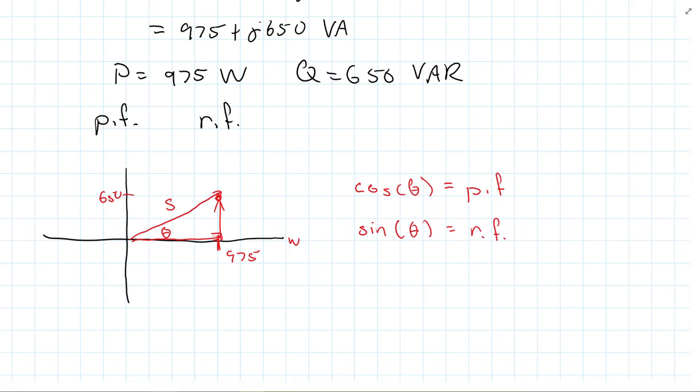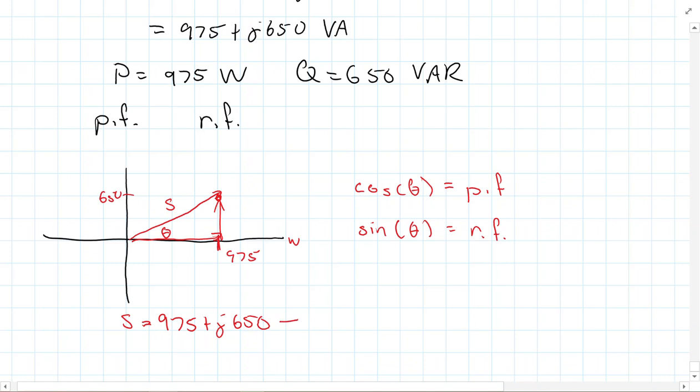So let's see what we get here. Well, I have 975 and 650, but wait, my S is 975 plus J650. Well, that's not a real nice number to get this, but remember, we could put this in polar format.